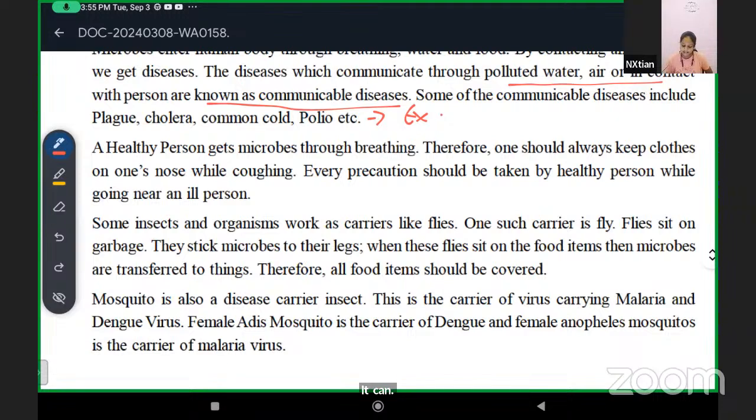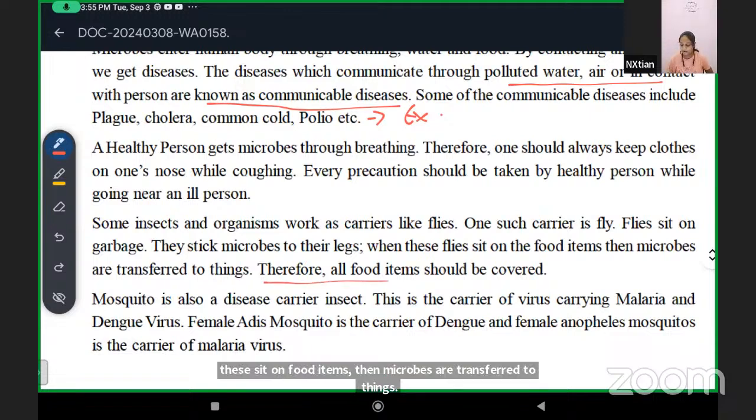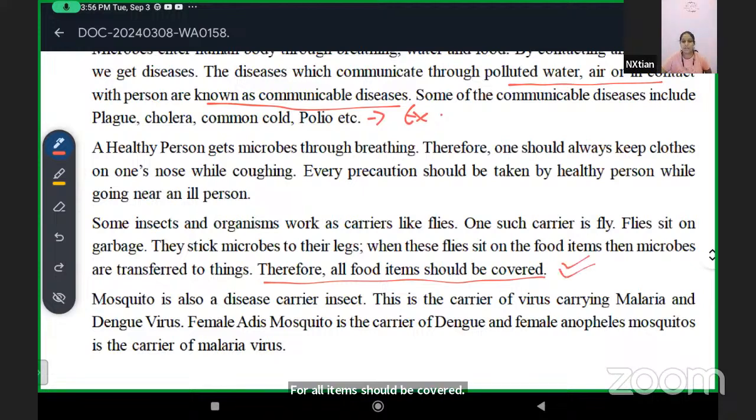Now, some insects and organisms work as carriers, like flies. One such carrier is the fly. Flies sit on garbage. They stick microbes to their legs. When these flies sit on food items, then microbes are transferred to them. Therefore, all food items should be covered. You must have noticed why we cover food items when we are not eating them. When they're kept outside, we cover them usually.